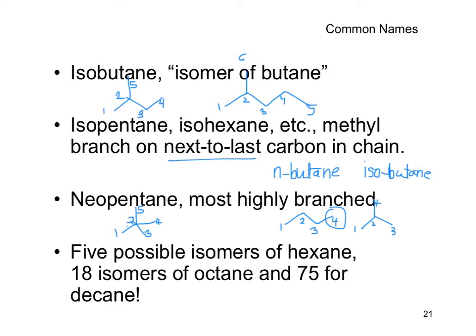So notice what I just said: it's highly branched, high level of substitution, and you have a quaternary center. So another way to view things would be that between primary, secondary, tertiary, and quaternary, quaternary is the most highly substituted, followed by tertiary, followed by secondary, followed by primary.